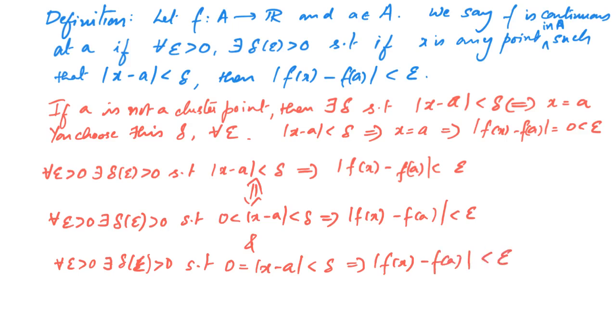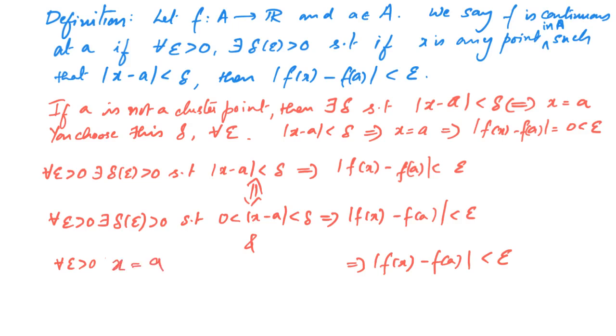But here, as you can clearly see, the delta does not have any importance. So we could have as well just dropped these things, which will tell you that for every epsilon greater than 0, 0 is equal to mod of x minus a implies that mod of f of x minus f of a is less than epsilon. But now 0 is equal to mod of x minus a can be rewritten as x is equal to a.